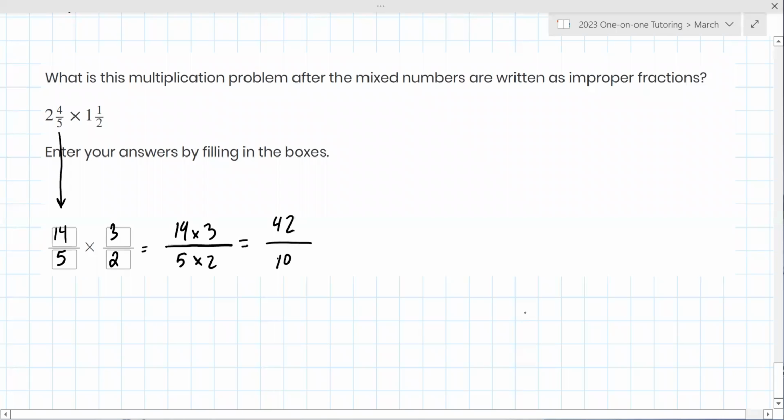Very good. This is where you have to decide if you can reduce, and 2 goes into both. Can you divide these for us, please?